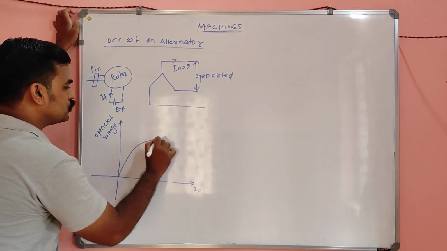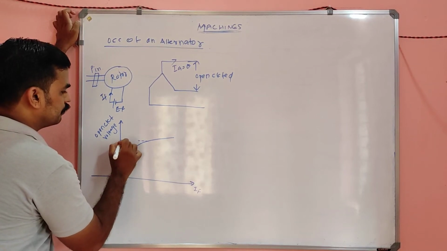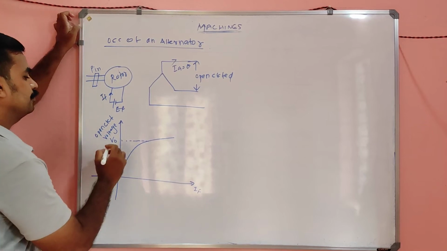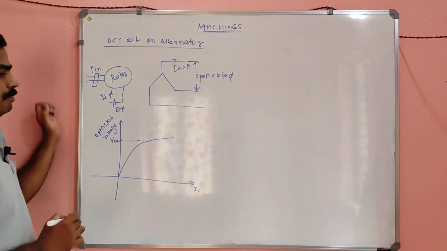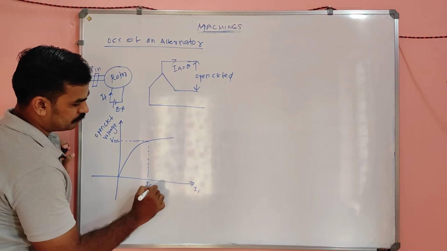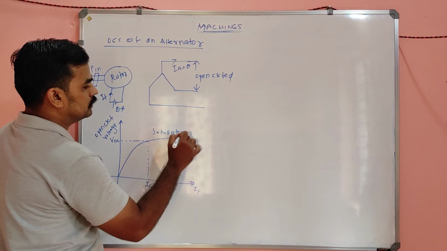So this will be the nature of the graph. This is called the saturated region.